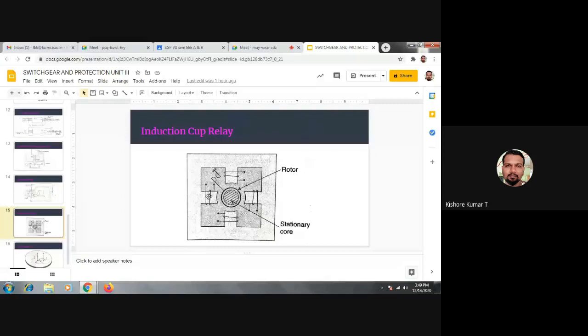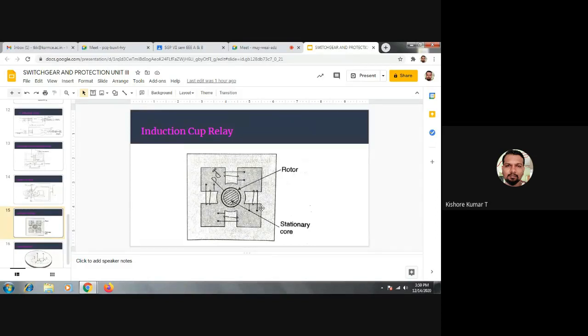At the center there will be a stationary core, just like a cup. That will be acting as a core to which a moving contact is suspended. Just like a cup handle, we can assume it as the moving contact.